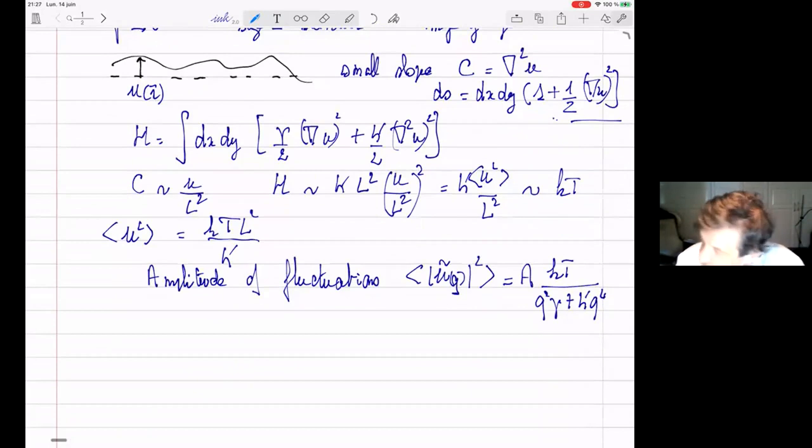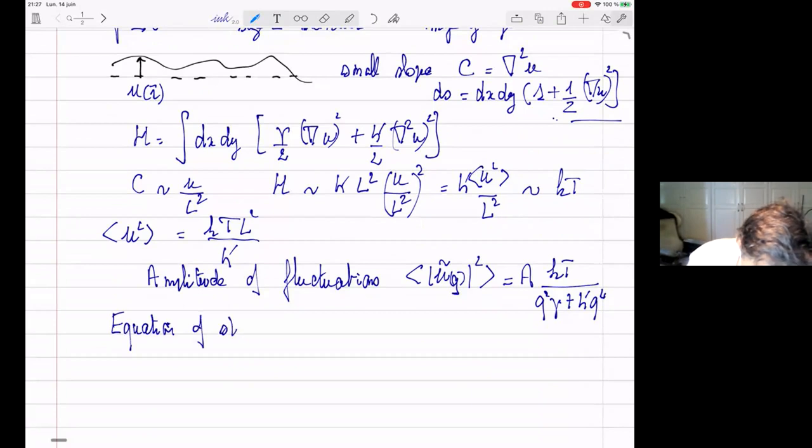One of the things that you might be interested in is the equation of state of these monolayers. Now, the important thing that one should realize is that the membrane has an area A, but the projected membrane on the plane has an area A naught. A is fixed.